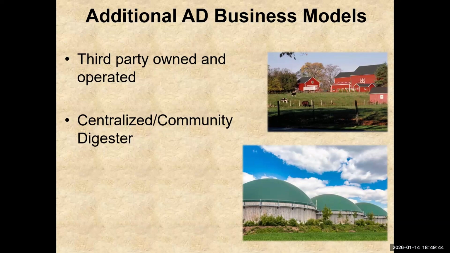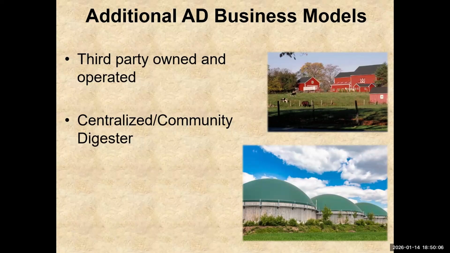So, one, instead of a farmer owning and operating the digester, it is owned and operated by a third party. So, how this works, the farmer leases their land to the third party for constructing and operating the digester. And the farmer will pay a small amount towards the digester.